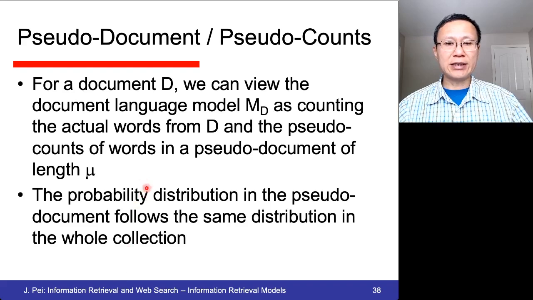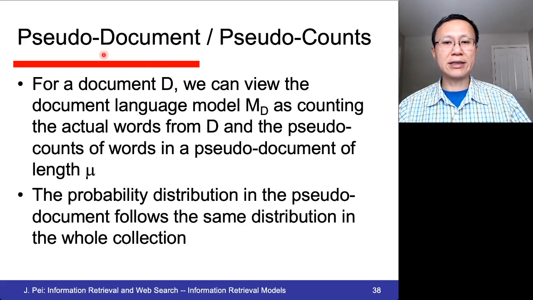Another way to do this is to make a pseudo document or pseudo counts. Essentially, we can compensate a document by attaching some virtual part representing the possible distribution. Technically, for document D, we can view the document language model MD as counting the actual words from D, which we can observe, plus the pseudo counts of words in a pseudo document of length mu.